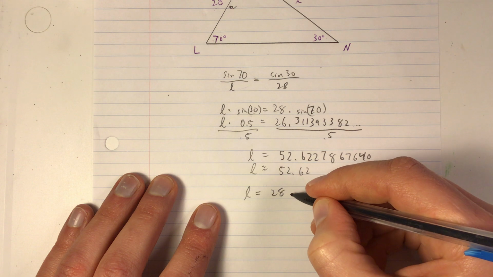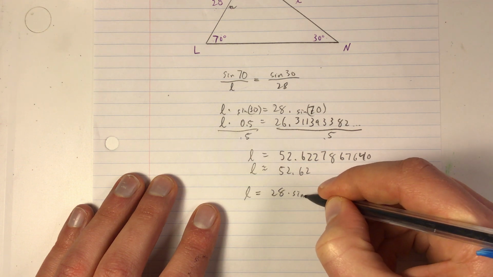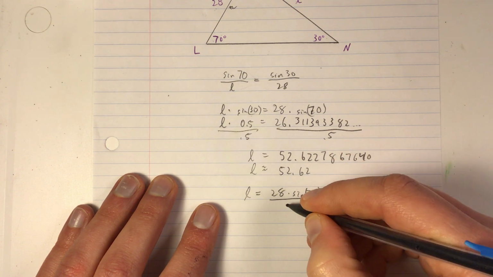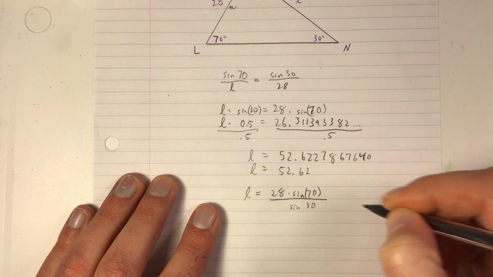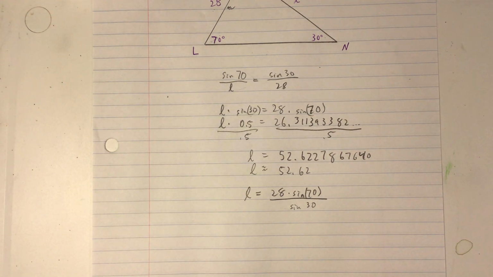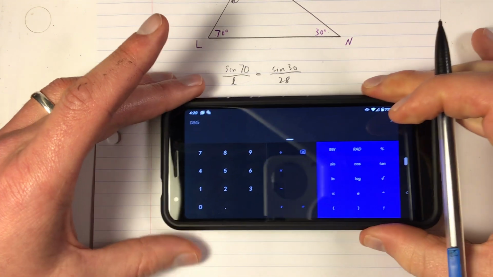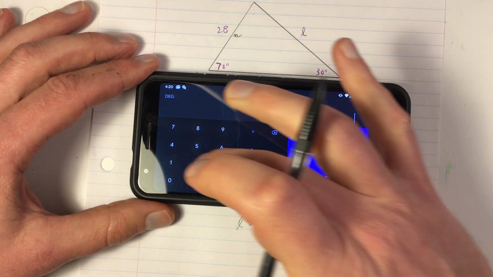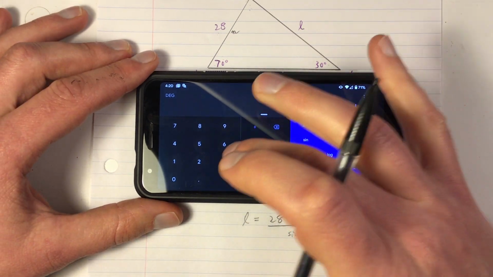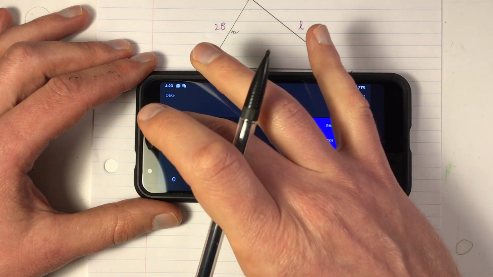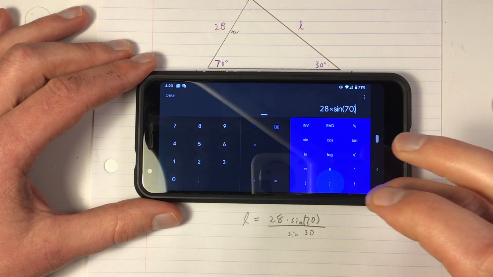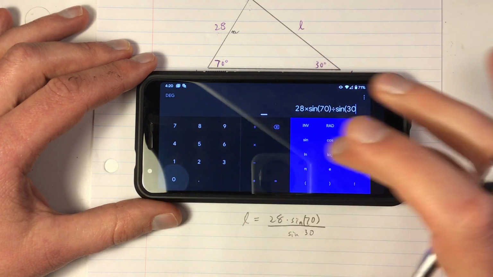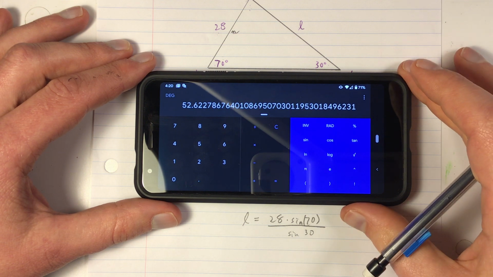I can type in my calculator 28 times the sine of 70, all divided by the sine of 30, as long as I make sure I close my parentheses. 28 times the sine of 70, close those parentheses, divided by the sine of 30, close those parentheses, and I get the exact same thing.